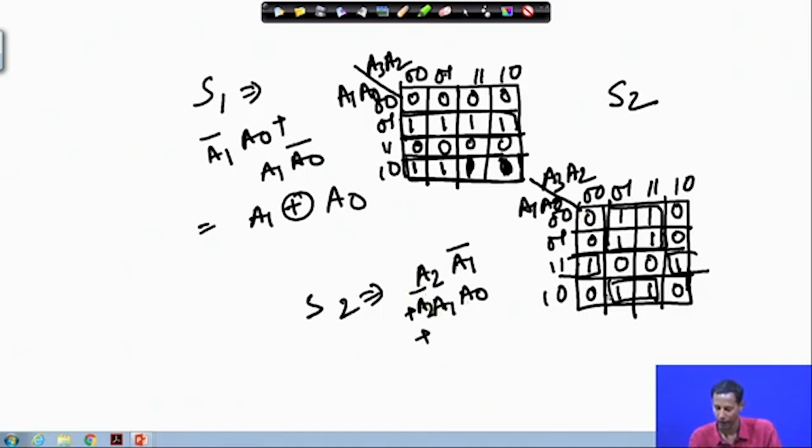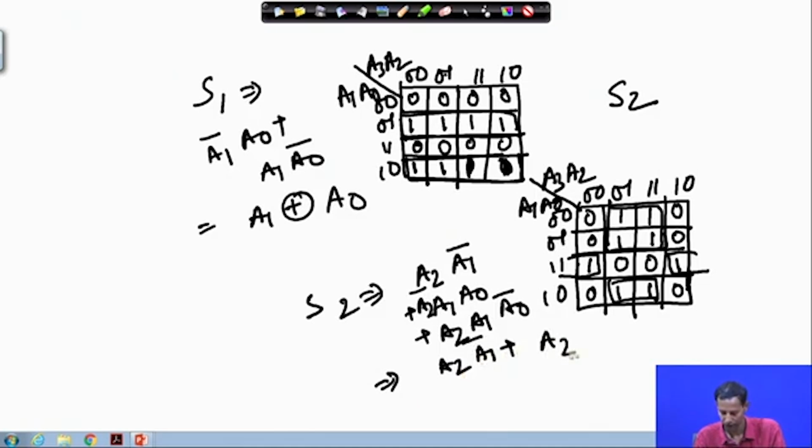And for these two particular cases, it will be A2 and then A1 A0 bar. So now what I can write is A2 A1 bar plus, freshly writing the corresponding expression, A0 bar.